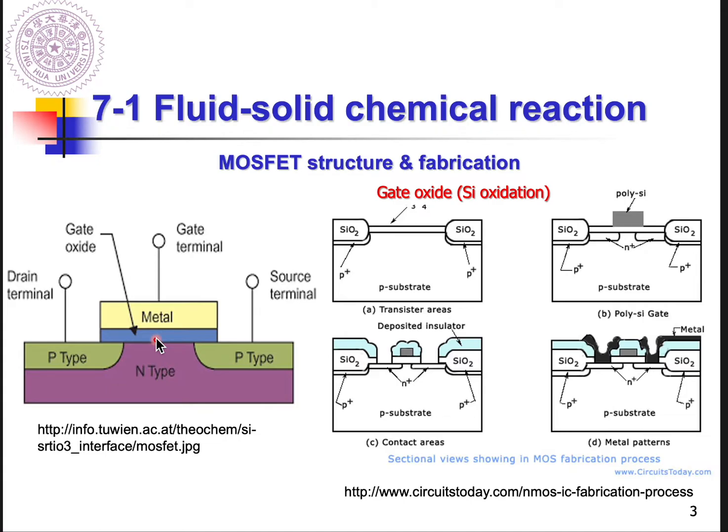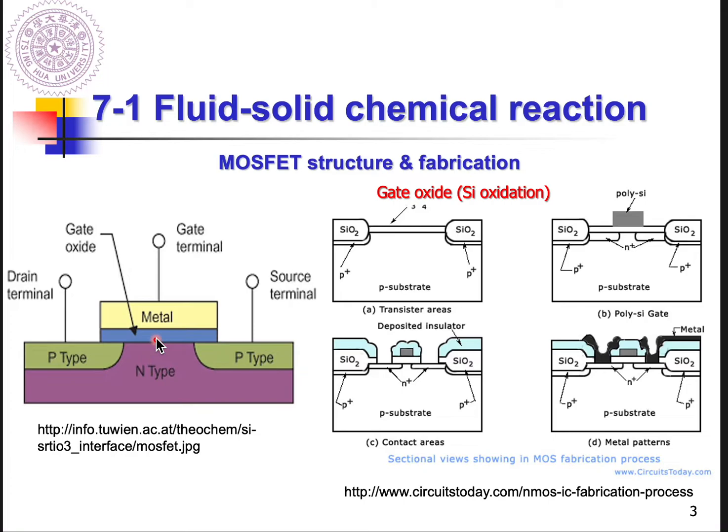In order to estimate the thickness of this oxide layer, to grow the oxide layer, you need to know how to calculate the growth rate, right? And as you know, growing silicon oxide commonly involves either the dry method or the wet method.